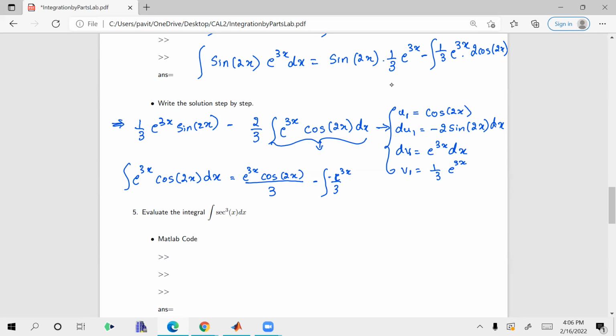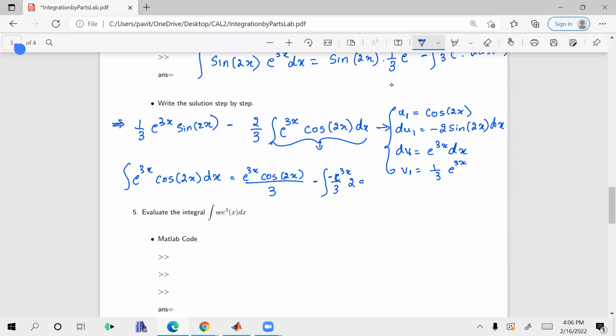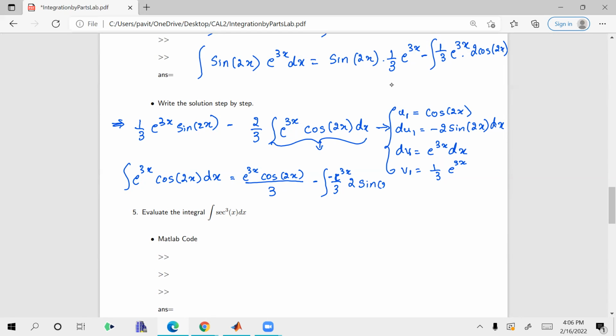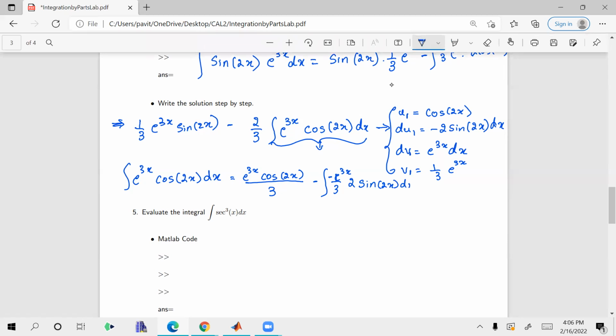So I will write negative 2 sine of 2x dx.